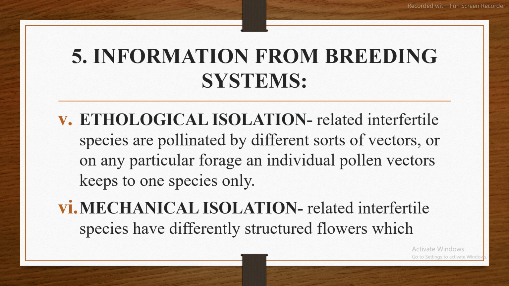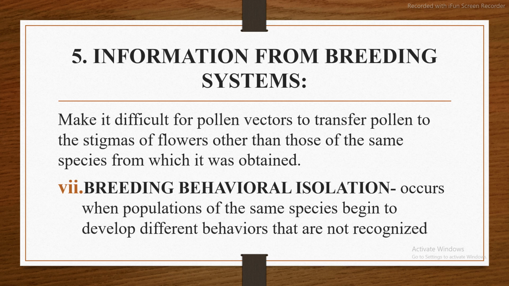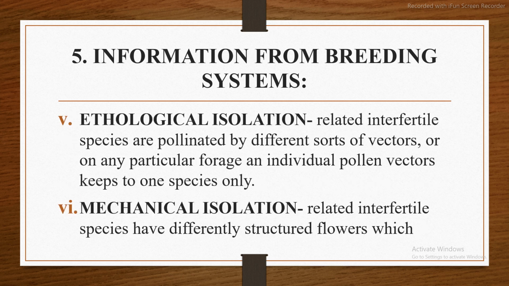An individual pollen vector keeps to one species only. This is called ethological isolation. Next is mechanical isolation. Related interfertile species have differently structured flowers, which make it difficult for pollen vectors to transfer pollen to the stigma of flowers other than those of the same species from which it was obtained. It is called mechanical isolation.